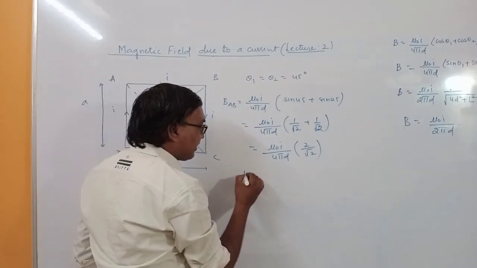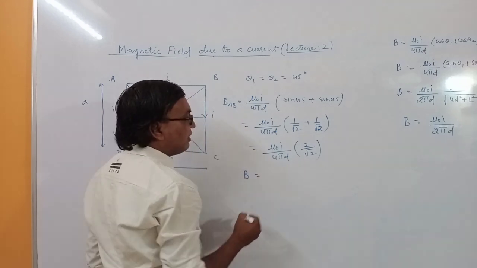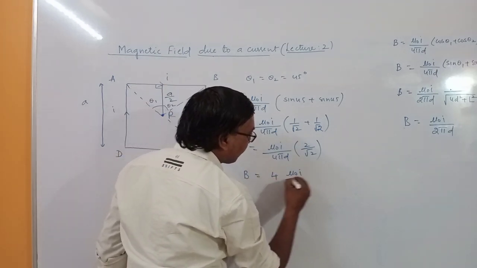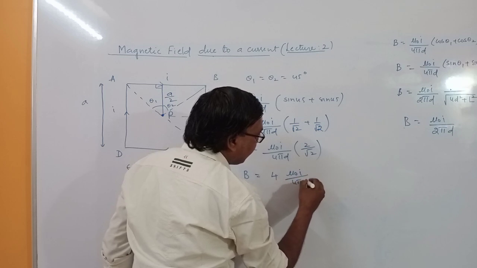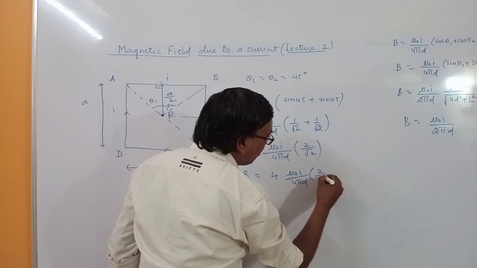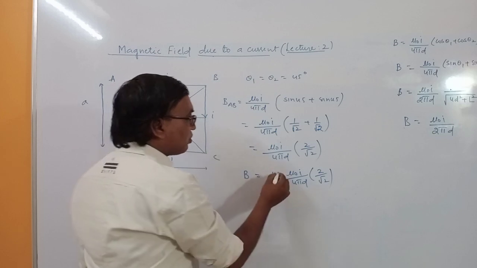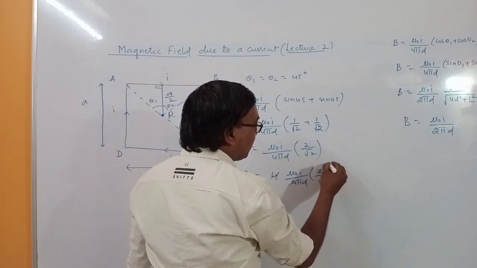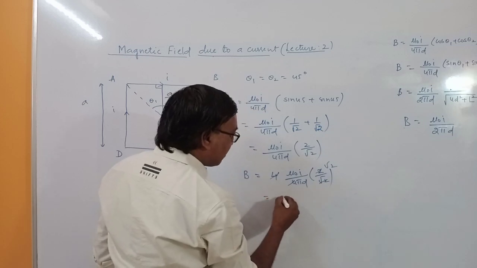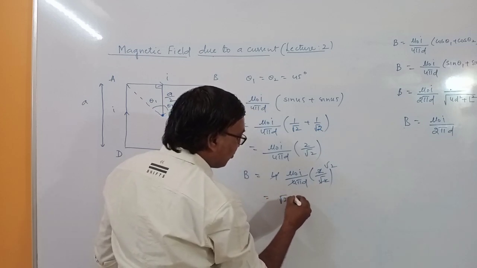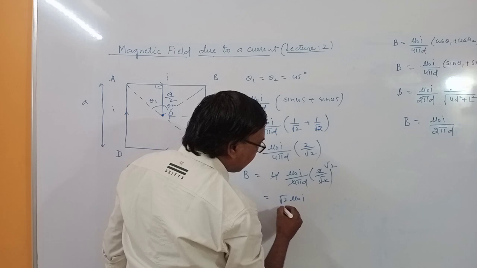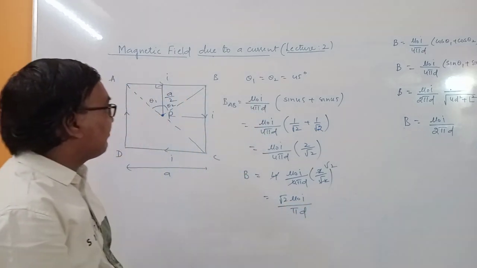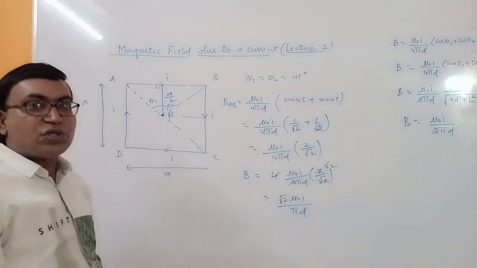So total magnetic field due to this current loop will be equal to 4 times mu naught I by 4 pi d into 2 upon root 2. So here 4 cancel. So root 2 is root 2 times. So you'll get root 2 mu naught I upon pi d. So this is the magnetic field due to this square loop.